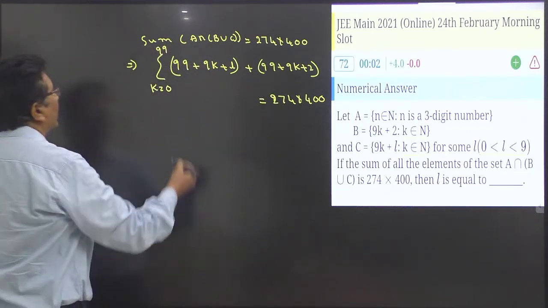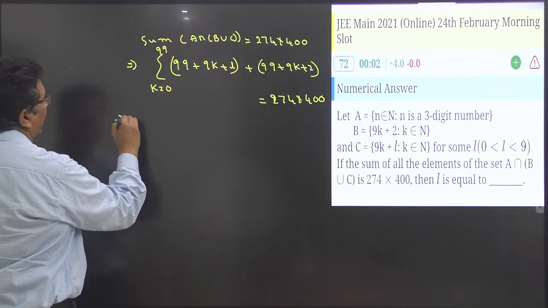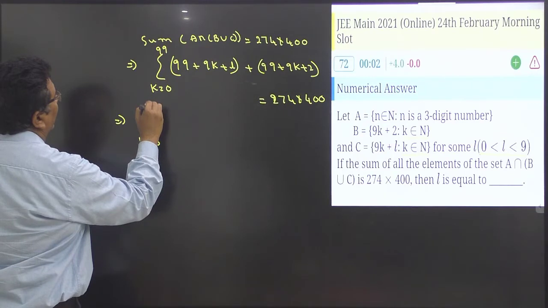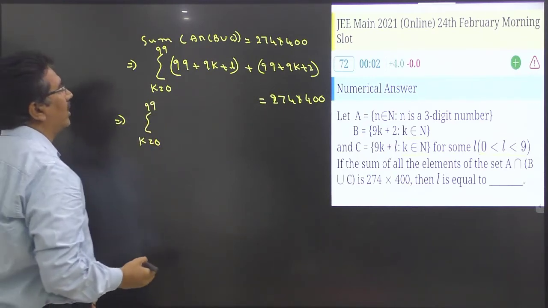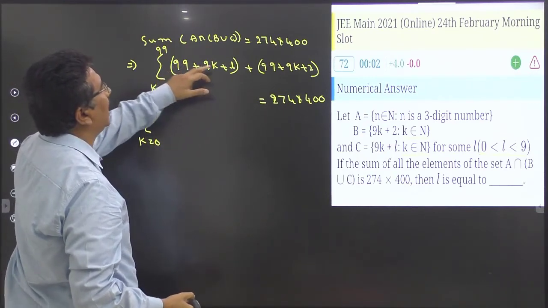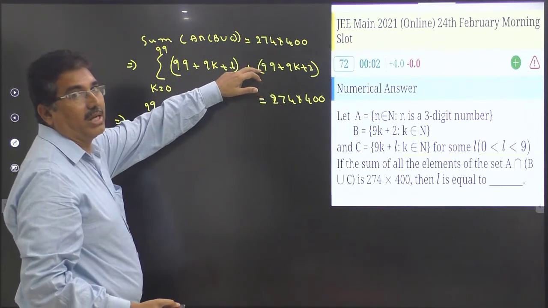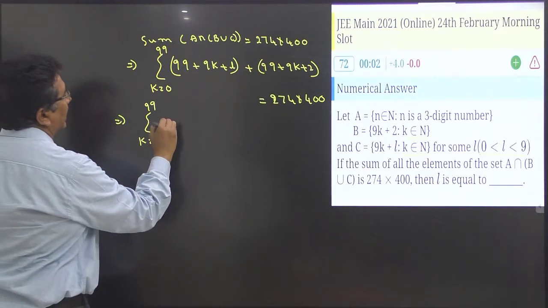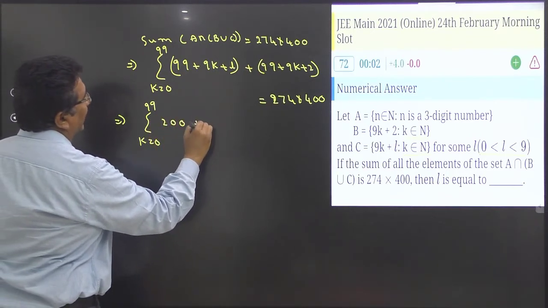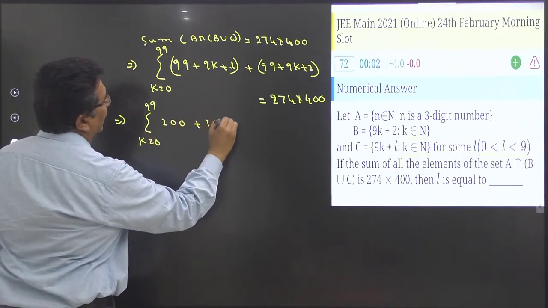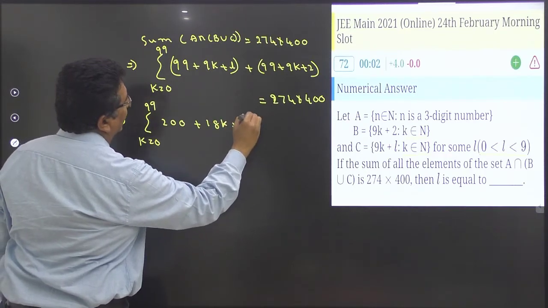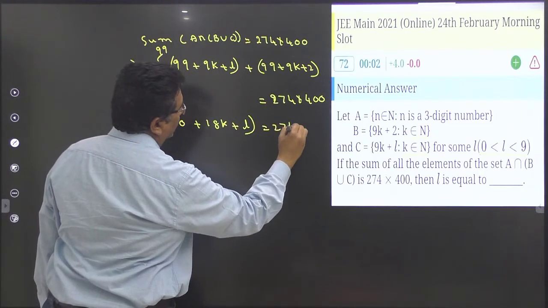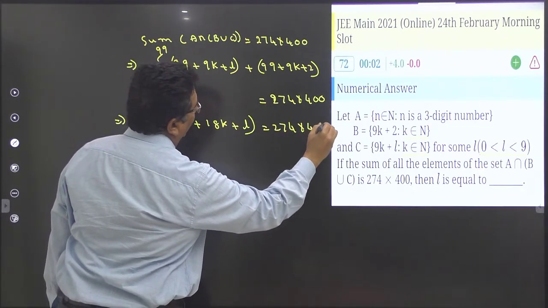Now simplifying this, sigma k equal to 0 to 99 of 99 plus 99 plus 2, that is 200, plus 9k plus 9k, 18k, plus L, is equal to 274 into 400.